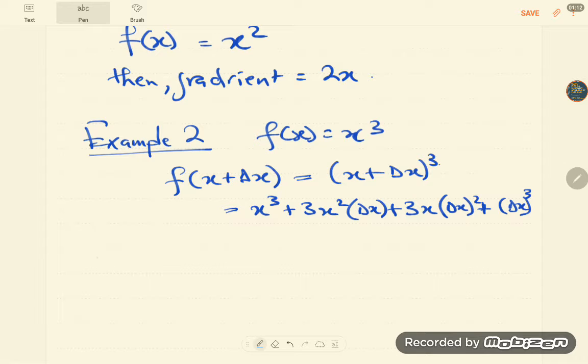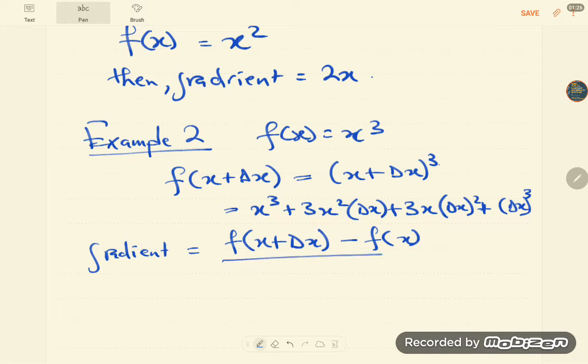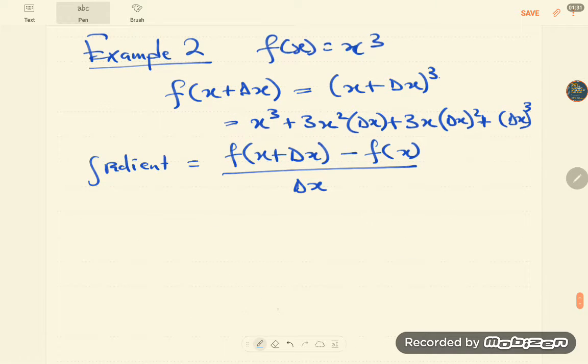Okay, so when we substitute it into our formula, this is what we get. I have to shift to the left a bit, because it's promising to be quite long.